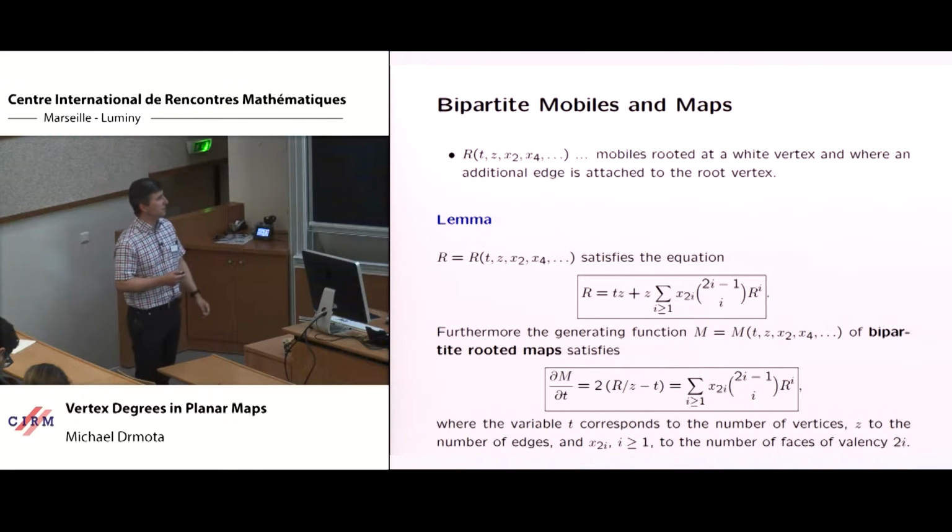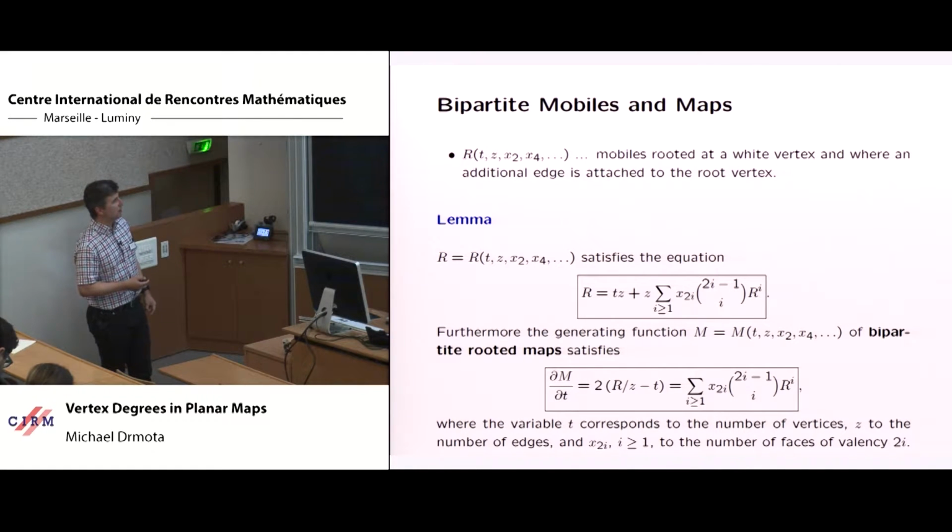I will come back to this question. The bijection between mobiles and maps now gives a relation between the generating function of these mobiles, which have a very nice recursive description, and the generating function of maps. So I have to solve this equation. It's an implicit equation. It uniquely defines a power series in these infinitely many variables, and then the generating function of the corresponding maps is given by this relation.